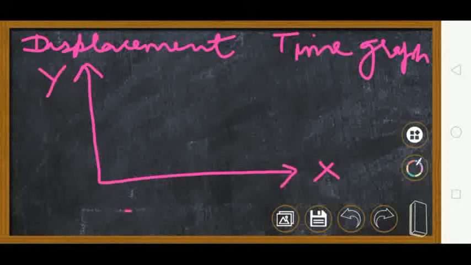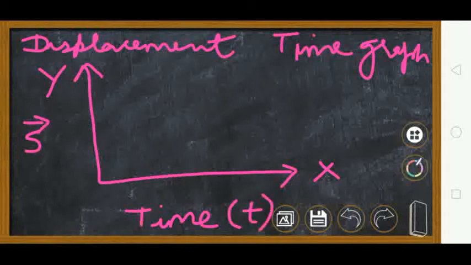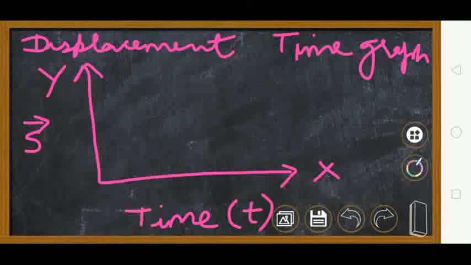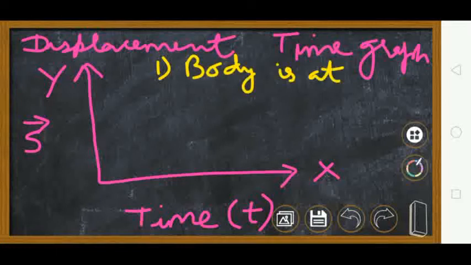On the x-axis we are going to take time, and on the y-axis we will take our displacement. Time is represented by small t. Now in this we will take the first case. Case 1: the body is at rest.